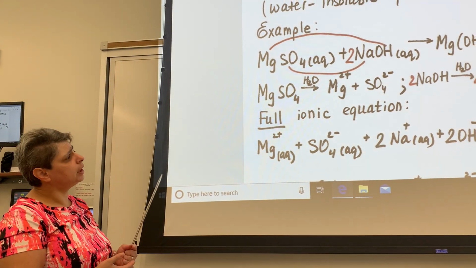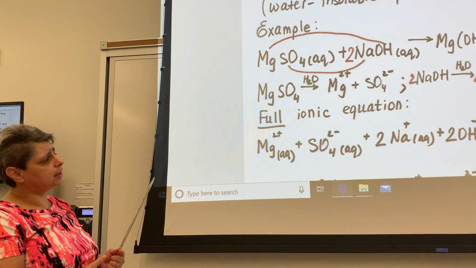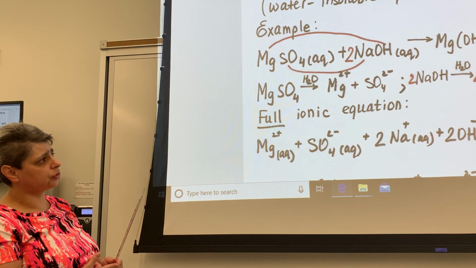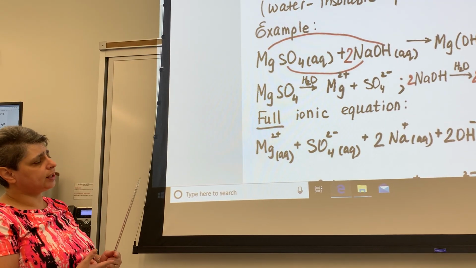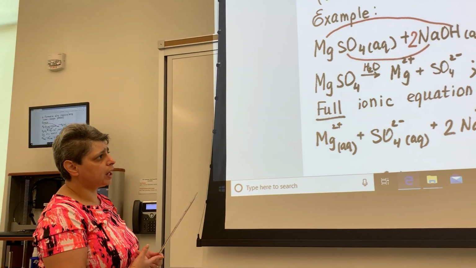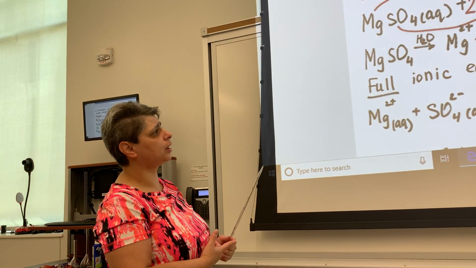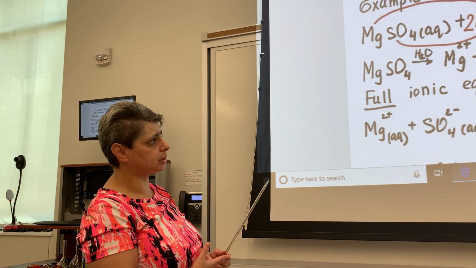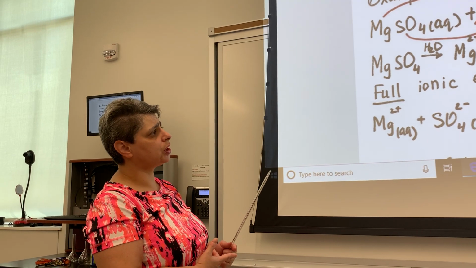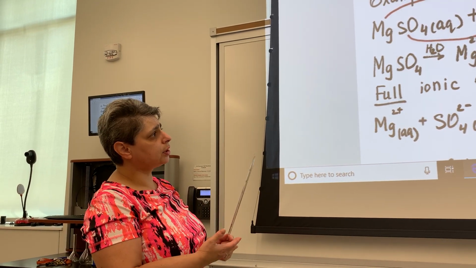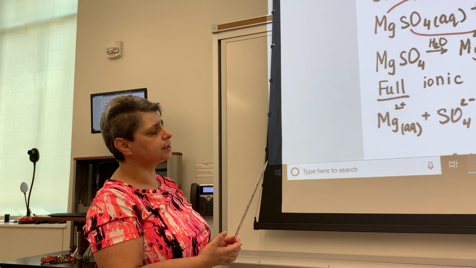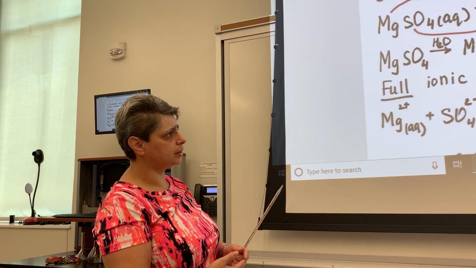One is water, second one is precipitate, and I don't think I mentioned the third one. Third criterion that predicts that reaction will occur in aqueous solution between ionic substances is formation of gas. So water, precipitates, and gases are not split into ions.